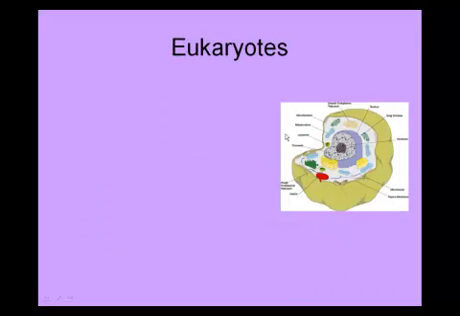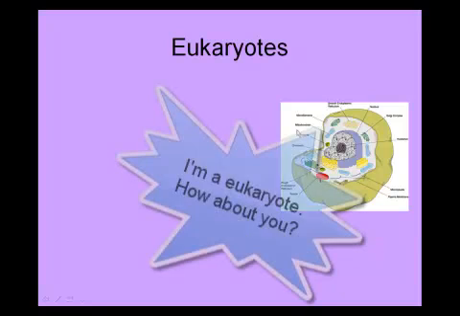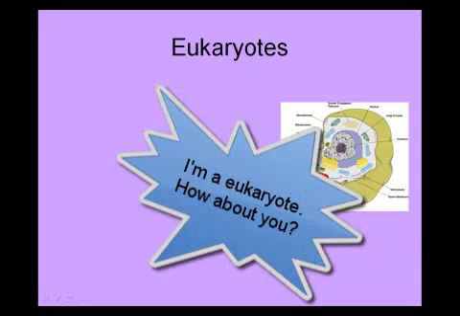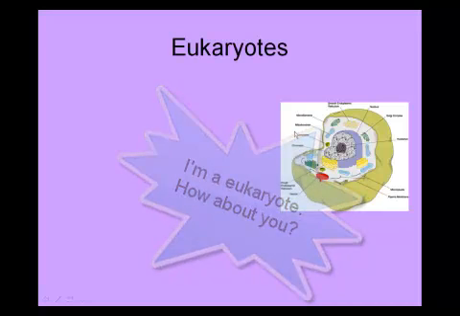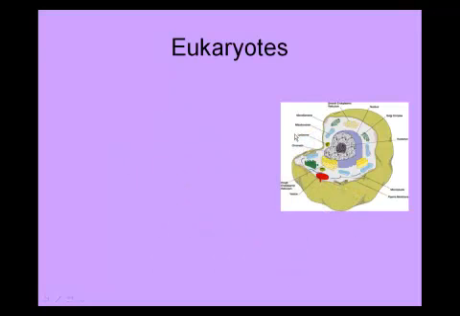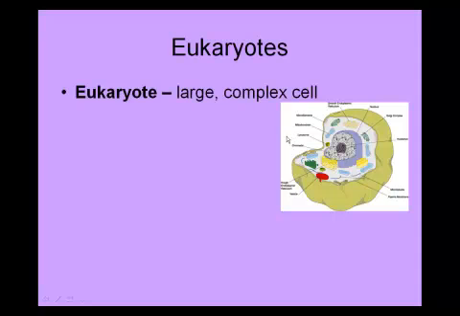Now, eukaryotes, on the other hand, are much, much more complex. Eukaryotes evolved later, and we think that a lot of the parts inside eukaryotes are actually smaller cells that got into bigger cells, and instead of getting digested, stayed there and did something good for them. So it's a type of symbiosis.